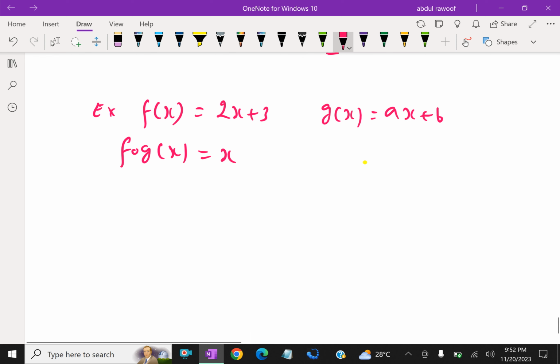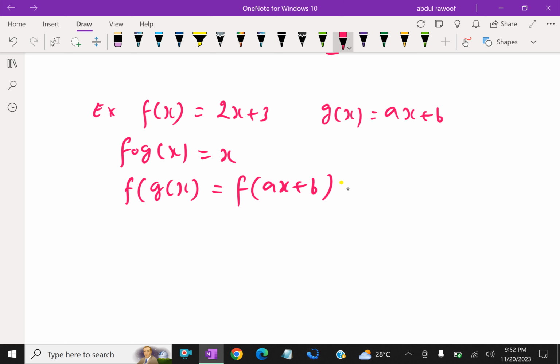You have to use it. Now we have to deduce the result here. First, fog of x is f of g of x, and g of x is ax plus b, which gives f of ax plus b.